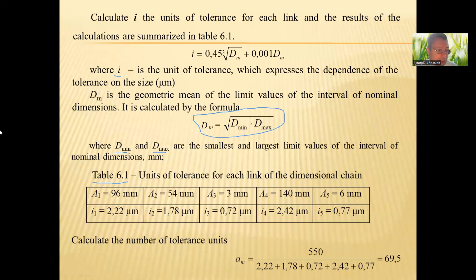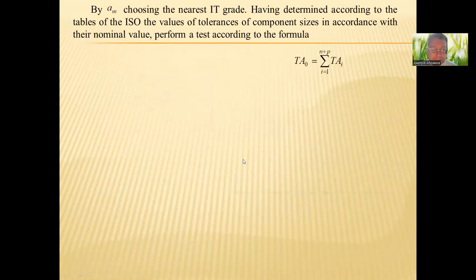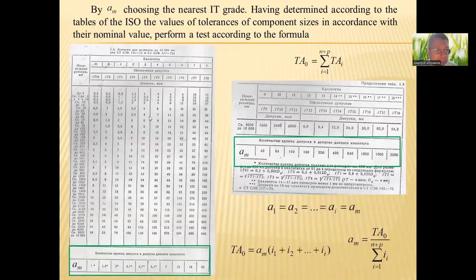On the next slide, we can see these intervals of nominal dimensions of d. For example, d minimum is 3, d maximum is 6. Or, for example, d minimum is 50, d maximum is 80.